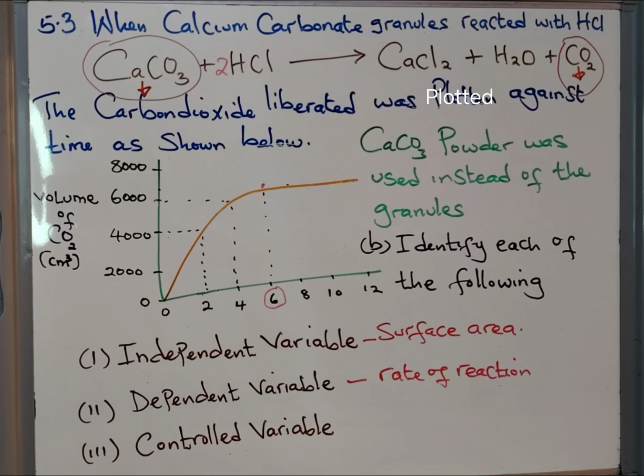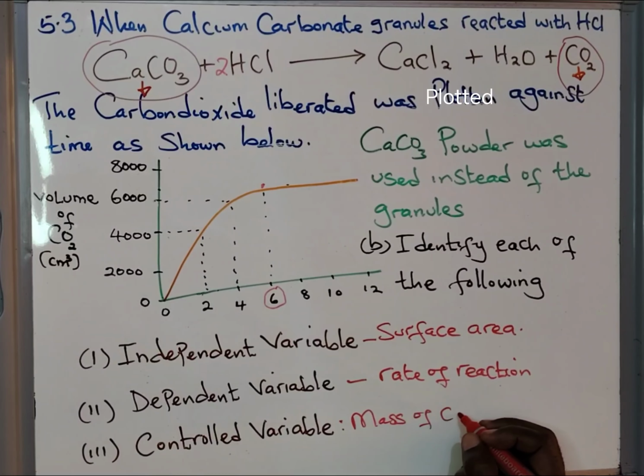Now we come to controlled variable. What is it that we must maintain constant? You have to know that during an experiment, we change only one factor and we maintain all other factors constant. So what factors did we maintain constant? The first one is the mass of calcium carbonate. That one is a controlled variable.